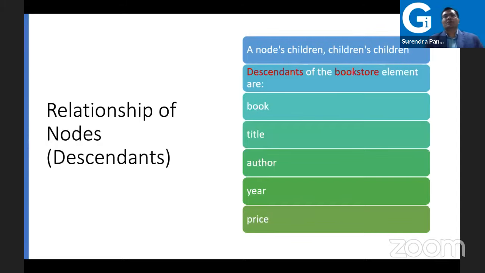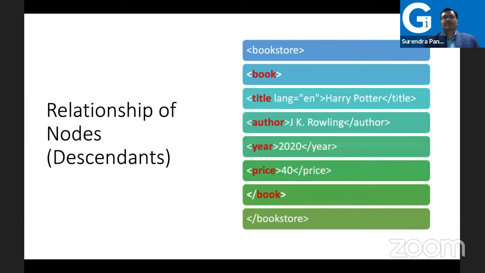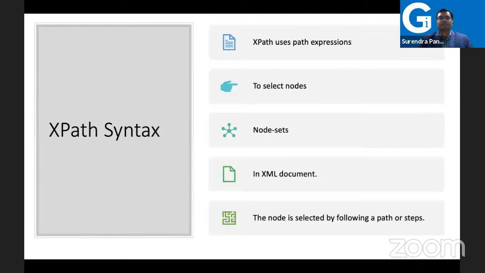So the descendants of the bookstore element are book, title, author, year. They are the descendant elements under the bookstore.